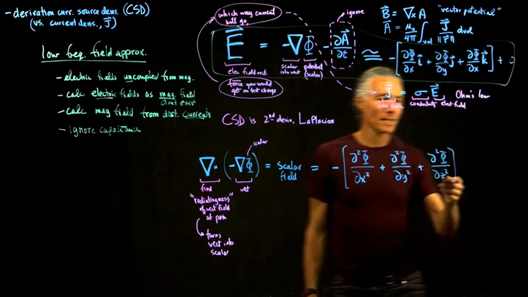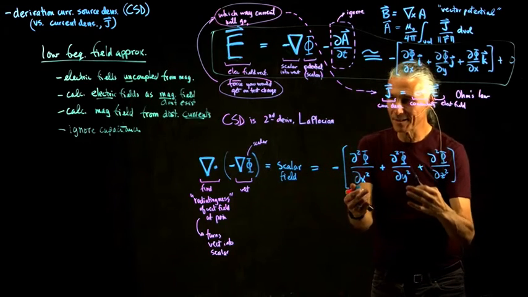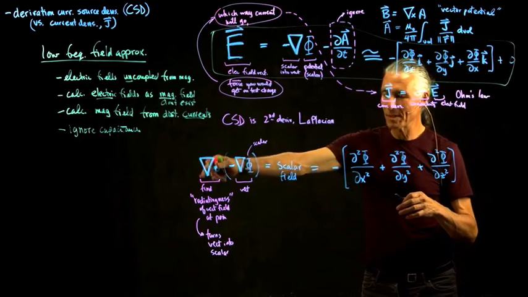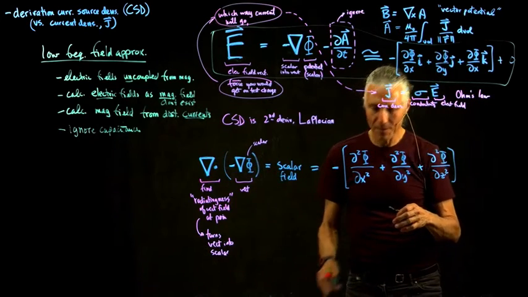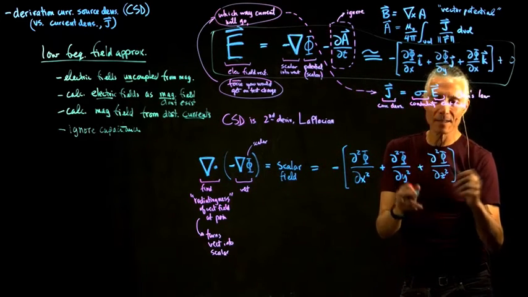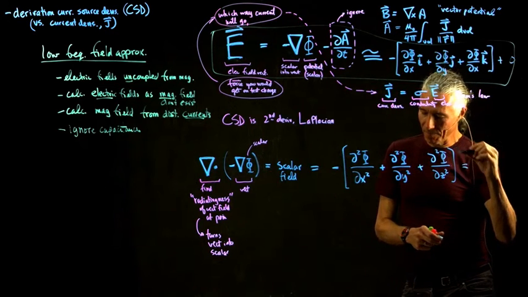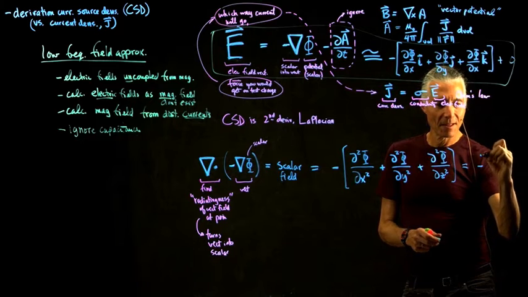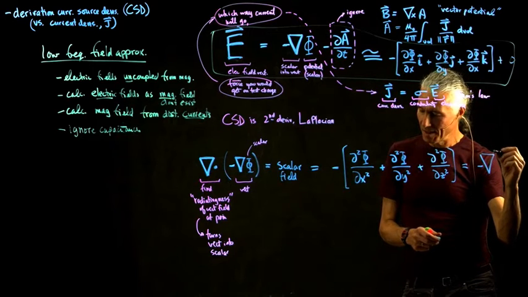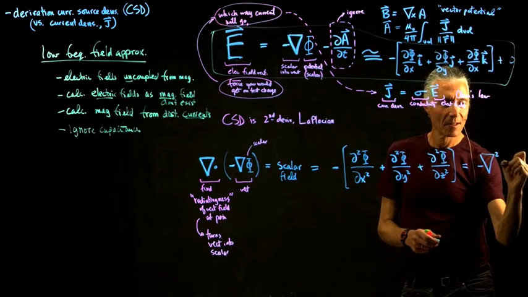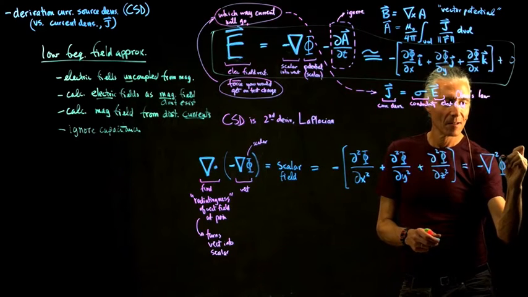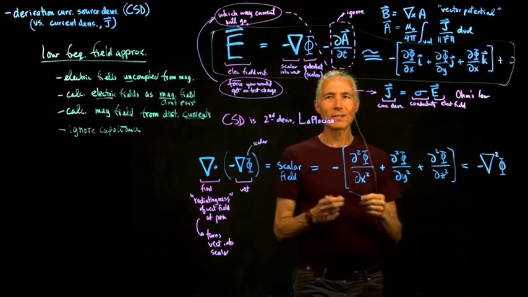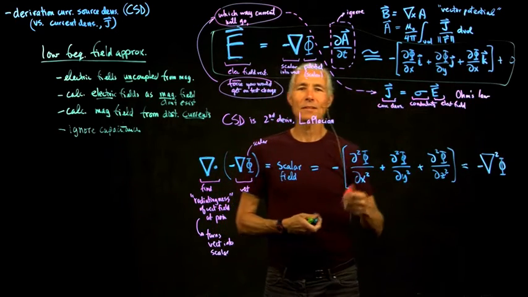This particular thing, the second spatial derivative, is often written like this because it appears a lot. That's called the Laplacian.